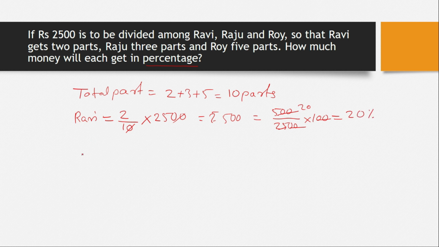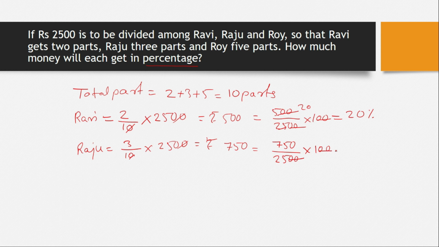Next is Raju. Raju's part is 3 by 10 into, what is the total amount? 2500. That means Raju will get rupees 750. We have to change it in percentage, so we can write 750 by, what is the total amount? 2500 into 100. If we reduce it, what you will get? 30%.